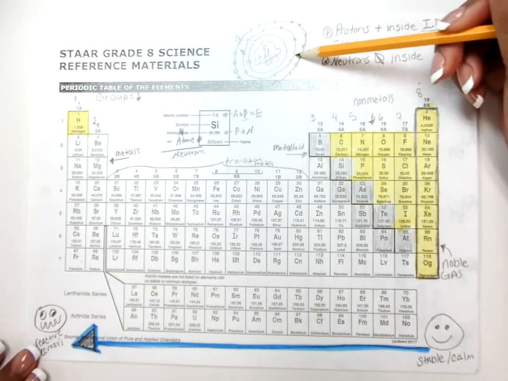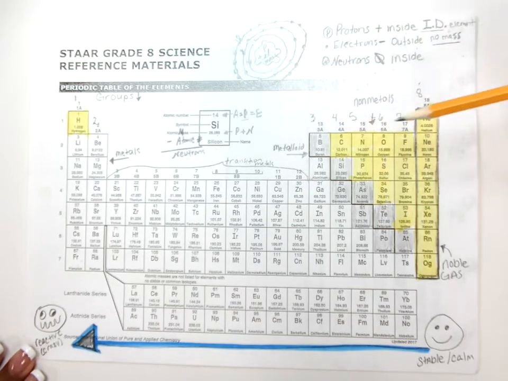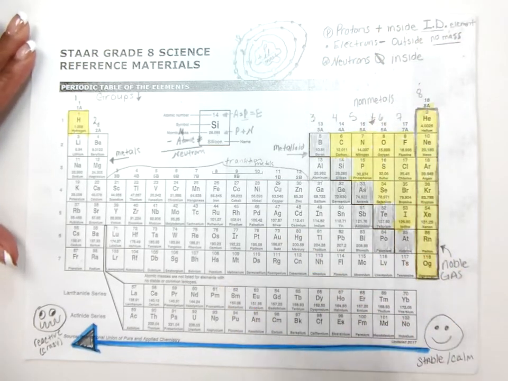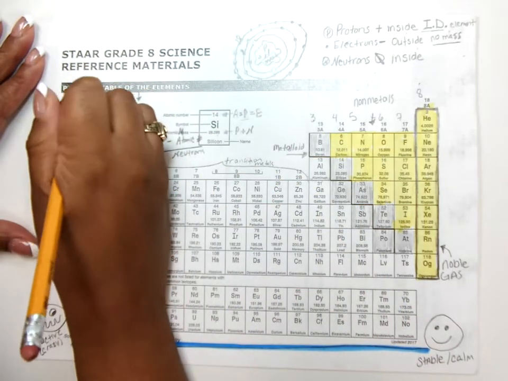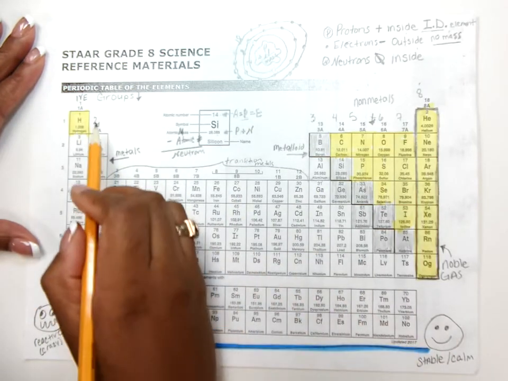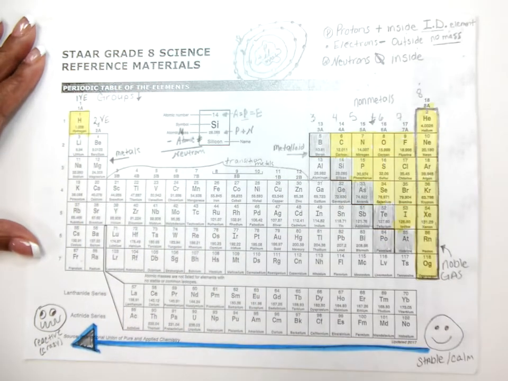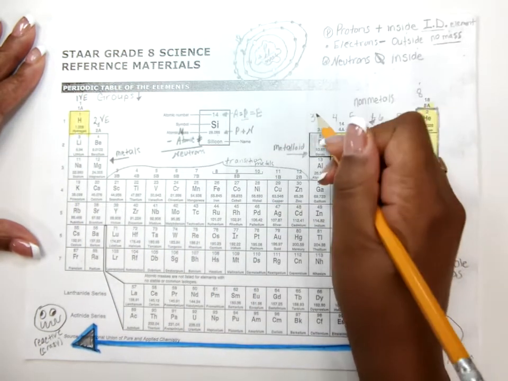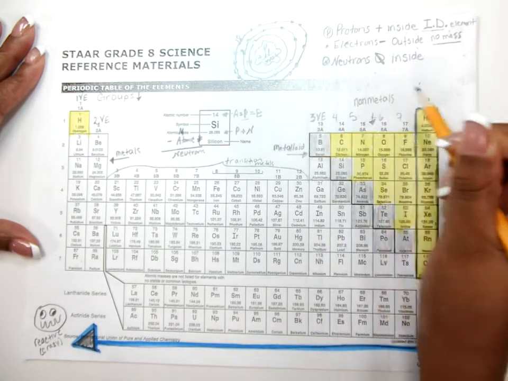Remember this Bohr's model? Valence electrons are the electrons on the last ring. So every element in group 1 has 1 valence electron. That's a V and an E. Everyone in group 2 has 2 valence electrons. You see where this is going? Group 3 has 3 valence electrons.